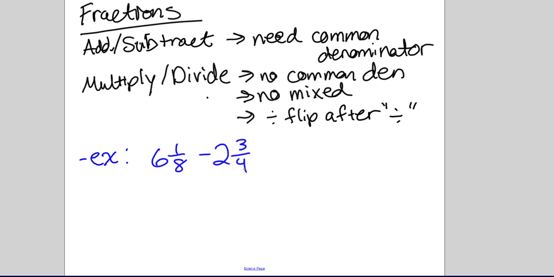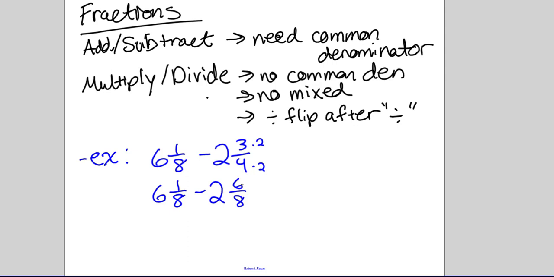So if I have 8 and 4, the denominator I can get them to be the same most easily would be 8. So I'm going to bring down 6 1/8, that's already good, but I'm going to change 3/4 to something over 8. So if I think about it, 4 times what is 8? 4 times 2 is 8. So that means if I multiply by 2 on the bottom, I have to multiply by 2 on top. So 3 times 2, 6.